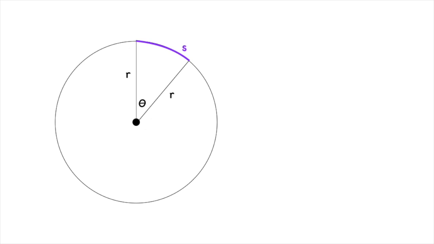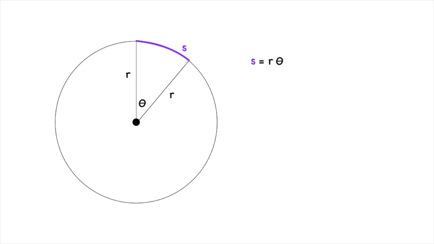Now consider this diagram. S here is the arc length of a segment of a circle. In accordance with basic principles of geometry, S equals r times theta. Just remember that for relationships such as this to be true, theta must be expressed in radians.